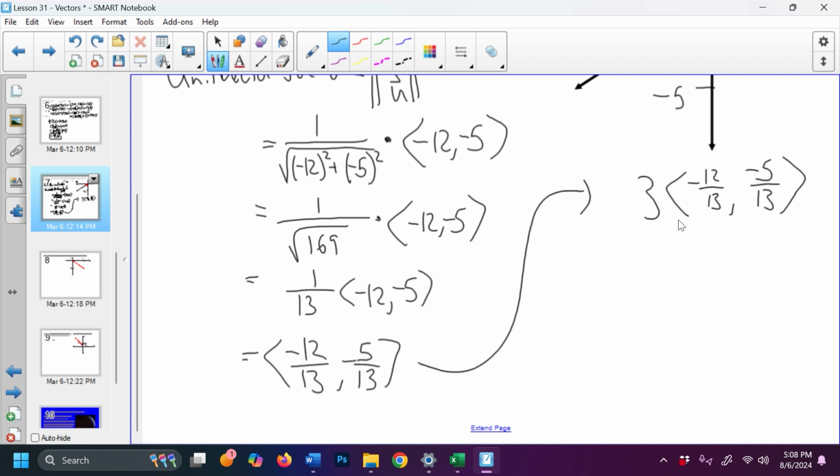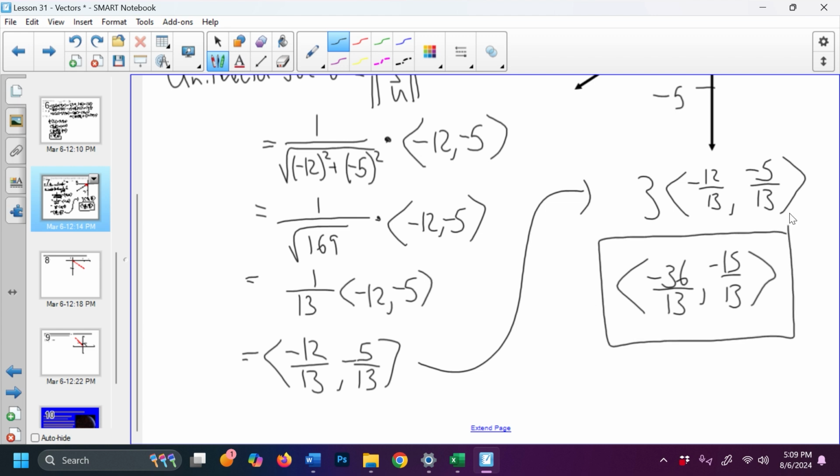And distribute that 3 again. So negative 12 times 3 will be negative 36 over 13. And then 3 times negative 5 will be negative 15 over 13. Unfortunately, 13 is not a factor of either 36 or 15. So that is our final answer. And again, if you found the magnitude of that, you would have a distance of 3 units.